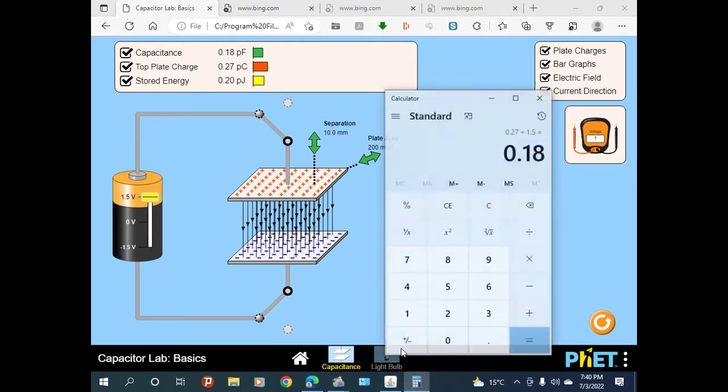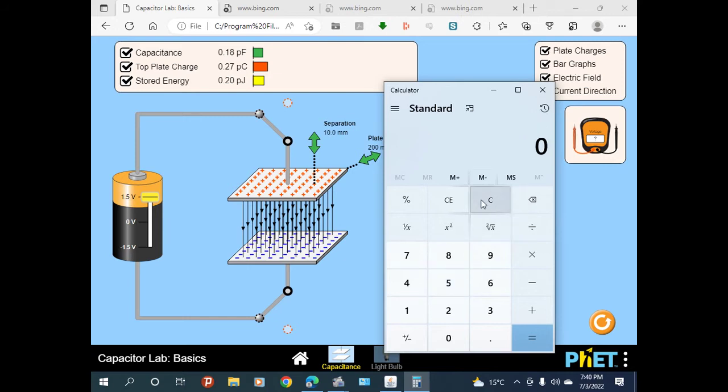Let's calculate the values. 8.85 picofarad times the area, that area is 200 millimeter square, divided by the separation distance, that is 10. This is equivalent to 177, which is nearly 0.18.